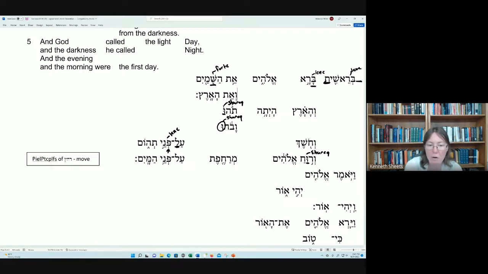And then I come on across and, oh, look at this. I've got another pei with either a lene or a forte in the middle of it. So let's see, Beth Gimel Daleth Kaf Pei Tau. So I know then this is a pei, this is one of my Begad Kafat letters, and it's preceded by a consonant sound. So I know that this is going to be another lene here.